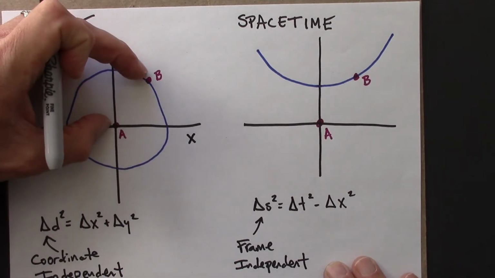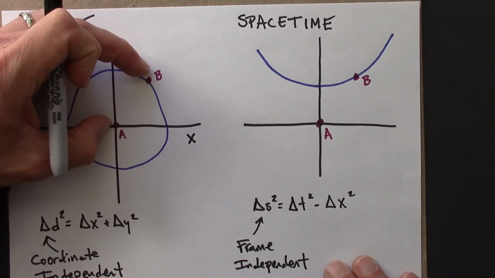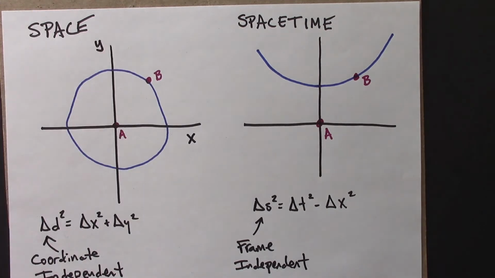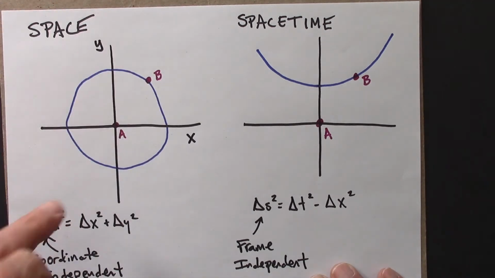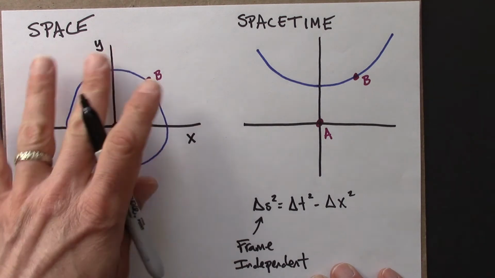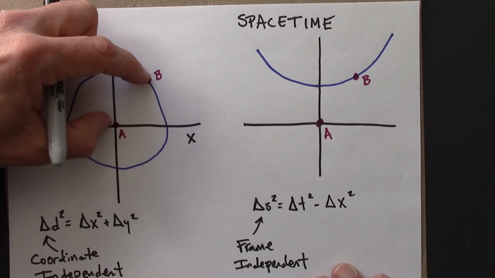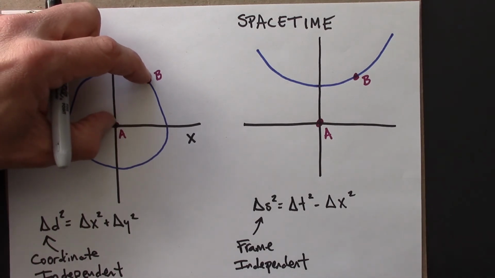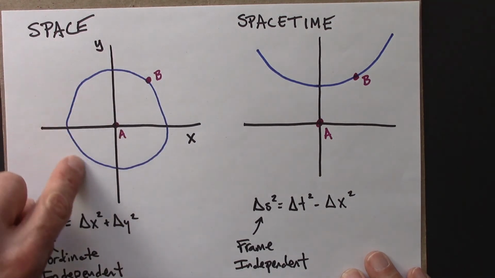And there's some distance between them, and that's some real physical quantity that doesn't depend on your coordinate system. So everybody's going to see this same distance. If we rotate the coordinate system, we might get different values for x and y. What are all the different possible x-y pairs that would still respect this physical distance? Well, that's described by this blue circle.